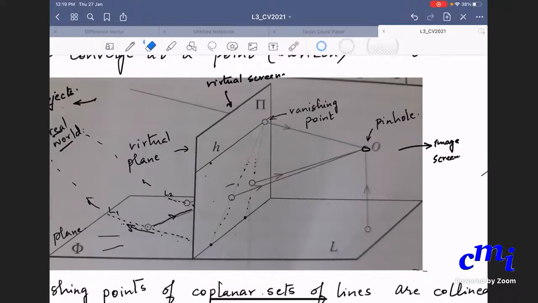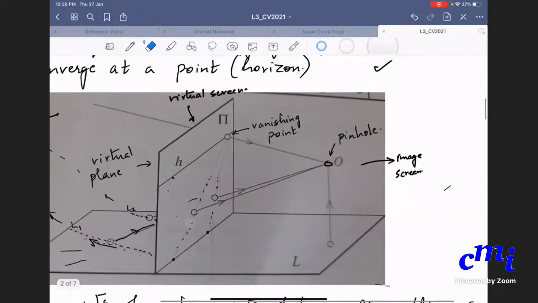That happens because, as you keep on going farther and farther away, you will keep on getting points on these. One is this line which corresponds to the point images from L1, and the other is this line which corresponds to images from L2.